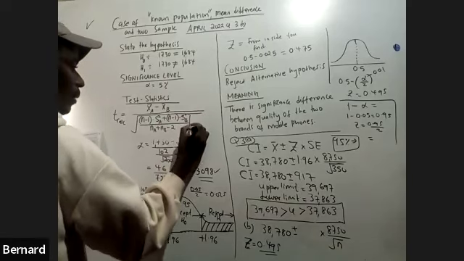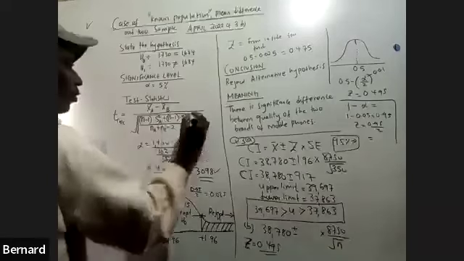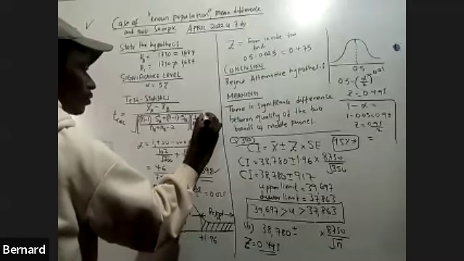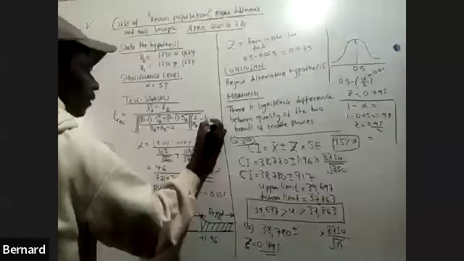Na answer utapata hapo, you multiply with 1 over na plus 1 over nb.